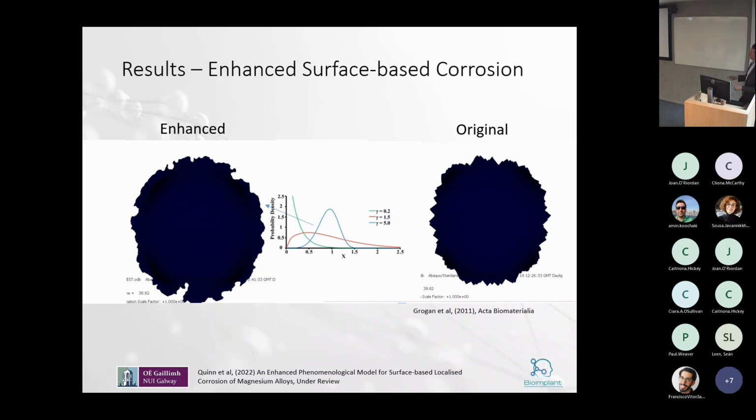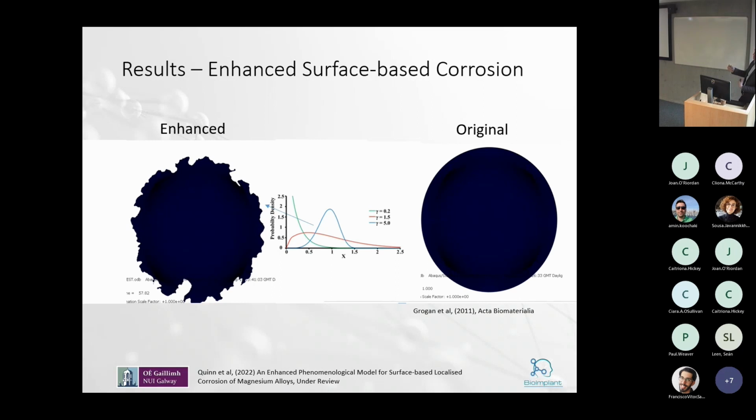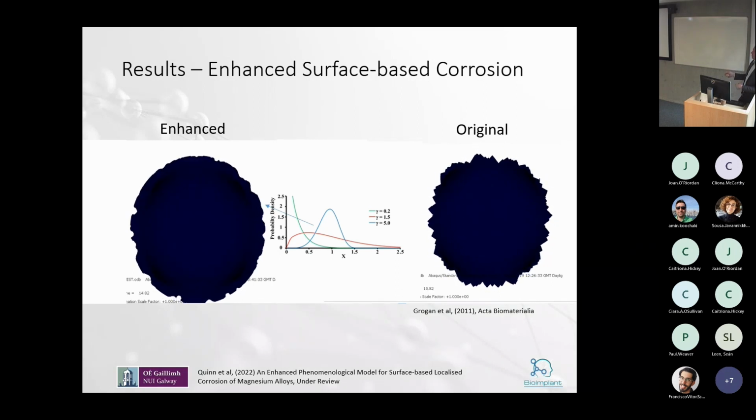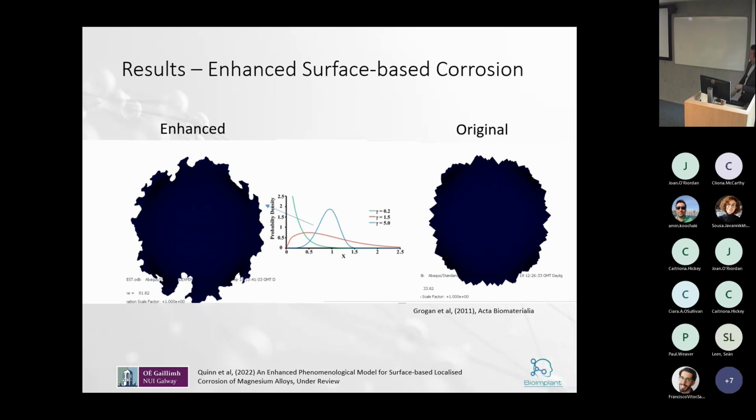So here, this is a random distribution that's prescribed to this 2D cross-section, and what you see is you get a better description of the types of pits that are formed, and you get multi-directional pitting, you get large pits forming, you get small pits forming. So it gives a more realistic representation compared to this model here.